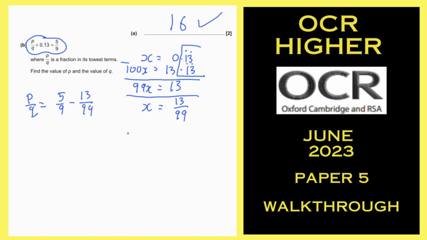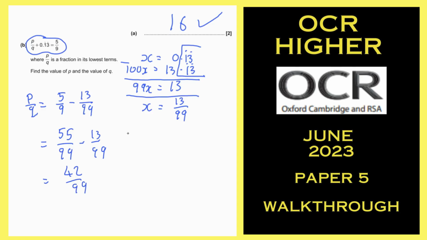It's become a hidden fractions subtraction. Let's take the first fraction, multiply the top by 11 and the bottom by 11, which means they're now of the same kind. We can subtract the numerators. That gives us 42 out of 99.